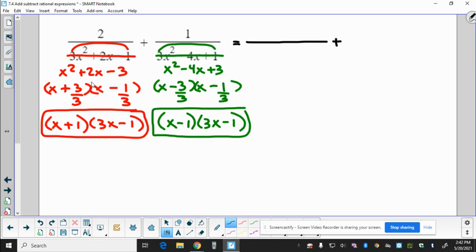See if we can squeeze all of this in here. All right, so what do we have here? I can see we have an x plus 1. I think we have an x minus 1.